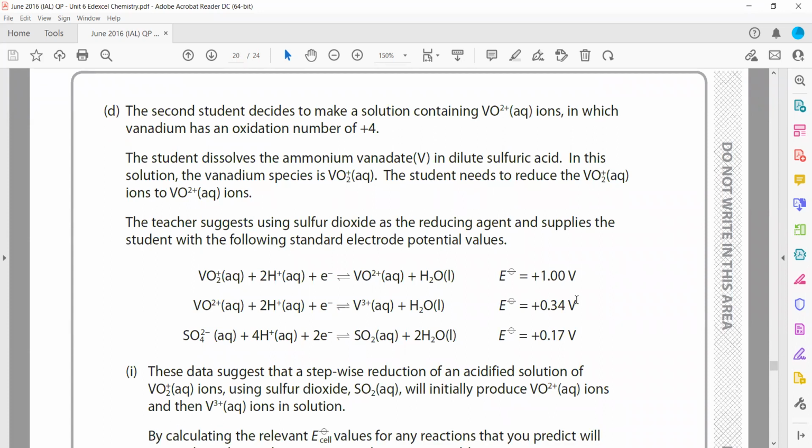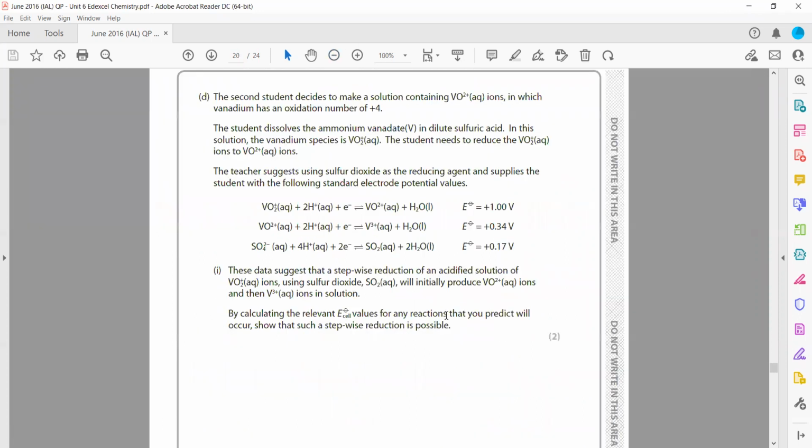Then the electrode potentials are given as well. These data suggest that the stepwise reduction of an acidified solution of VO2+ using sulfur dioxide initially produces VO2+ and then V3+. By calculation of the cell potentials, predict which will occur and show which stepwise reduction is possible. First, the best thing is to identify the change in oxidation number.